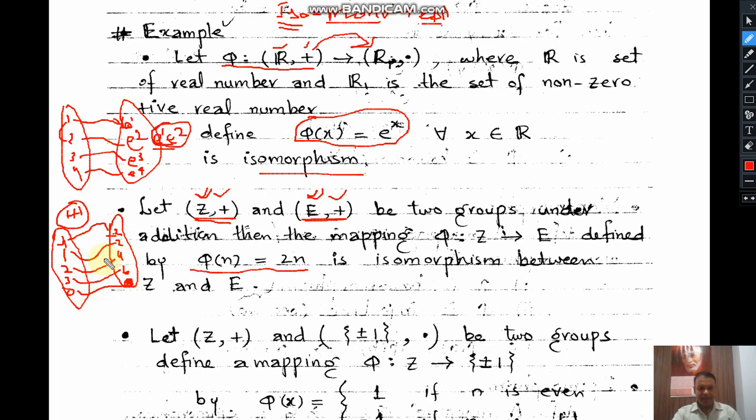So there is a one-to-one and onto relation between the two sets, and the mapping is again an isomorphism.